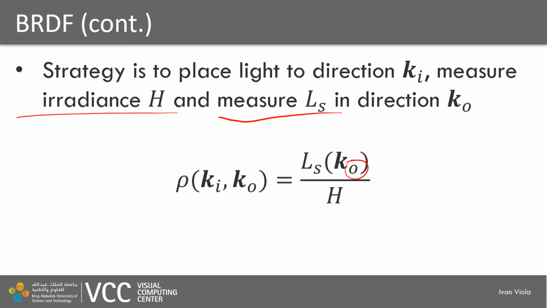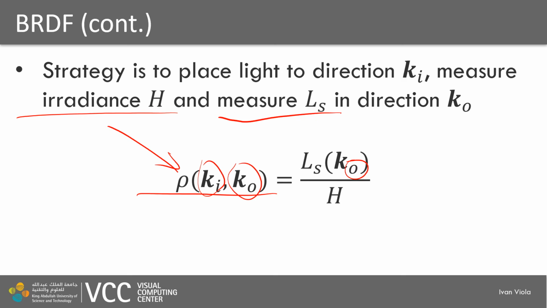And this information we store in the BRDF function, rho, which here has two parameters: the incoming direction and the outgoing direction.